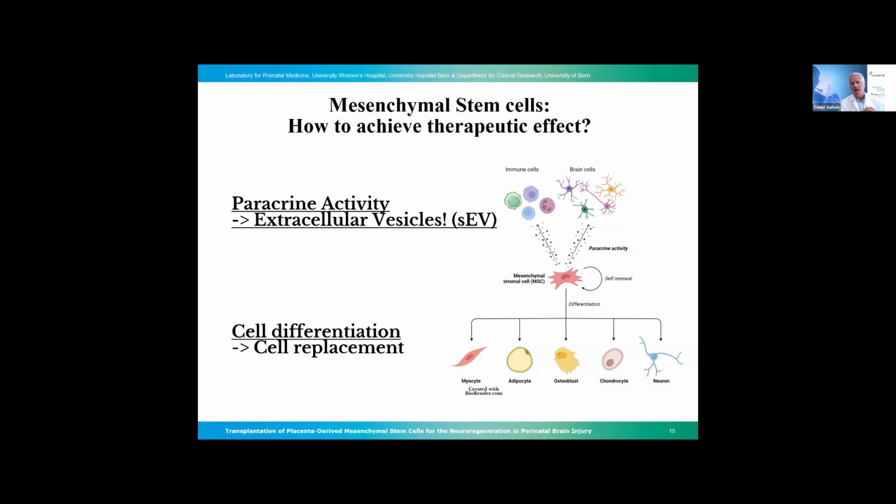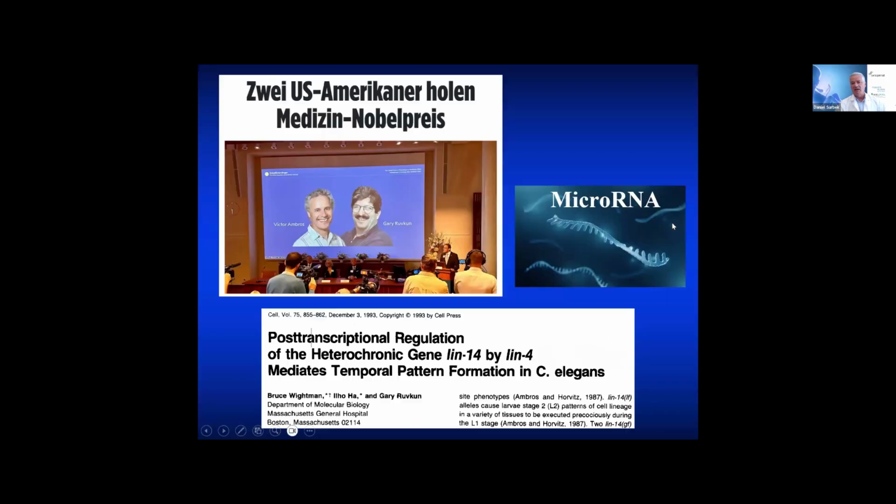And in this case, it includes the cell-to-cell message by extracellular vesicles, having influence on immune cells, but also on residing brain cells.